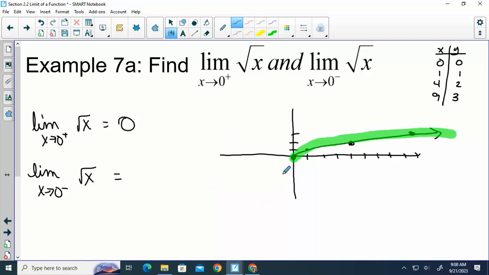There's nothing on the left-hand side, so it does not exist. But if I asked you for the overall limit as you approach 0, that means if you come in from both sides at once, can we come in from both sides at once? No? So what do we put? Does not exist.